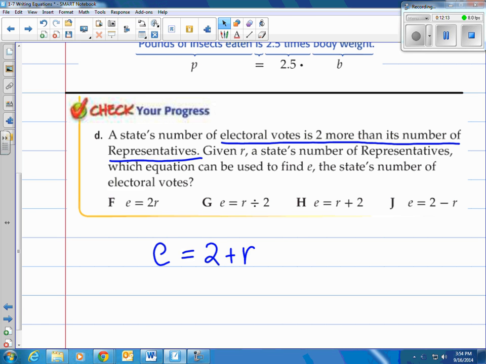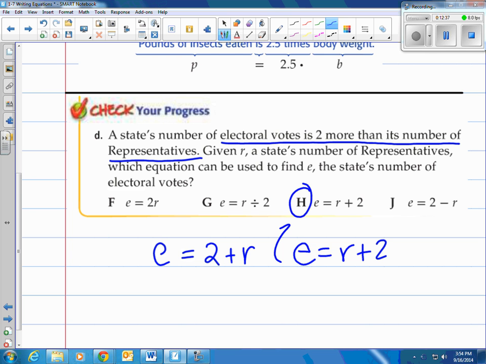Which one of those looks like it might fit? So electoral votes, 2 more than, well, it looks like that might be H. Is that true? Can you rewrite this and say R plus 2 versus 2 plus R? Yes, you can. That's called the commutative property. We learned that earlier and quizzed on it, actually. So you've got the right answer if you got H.